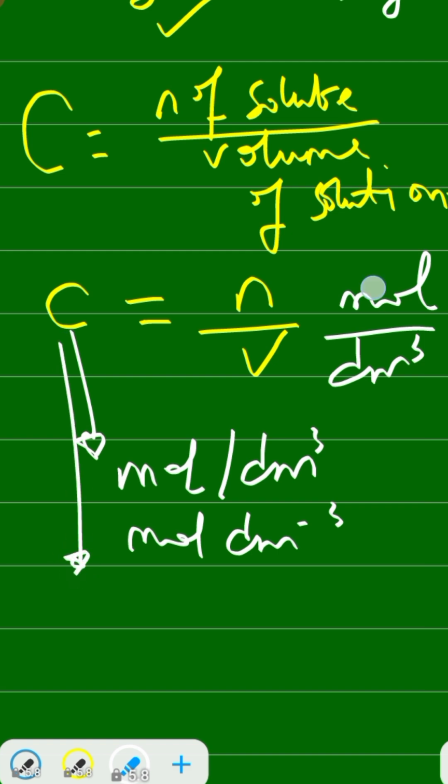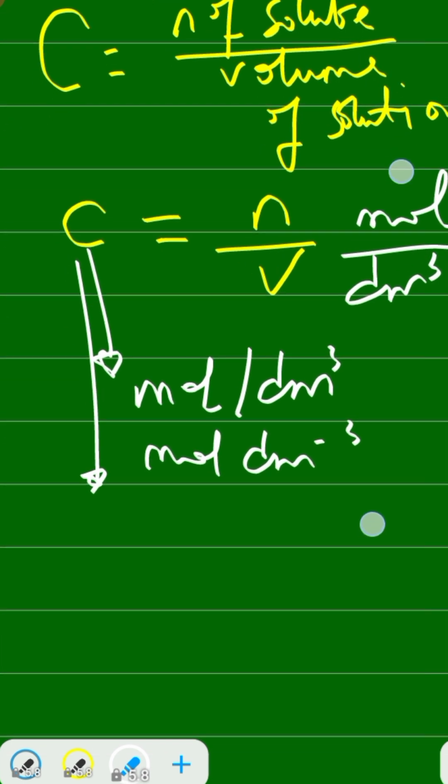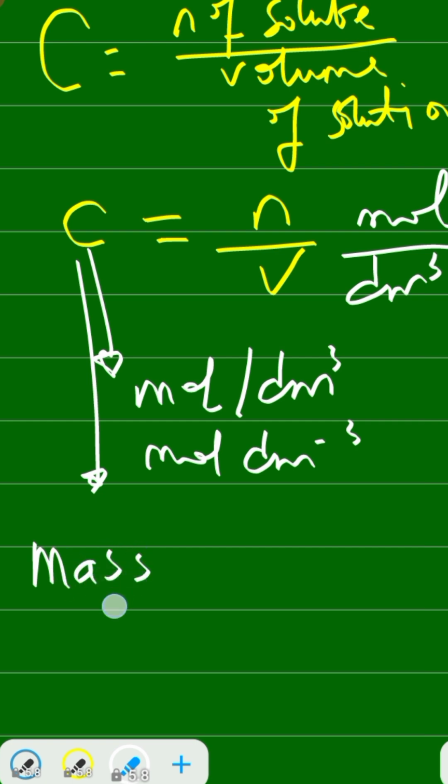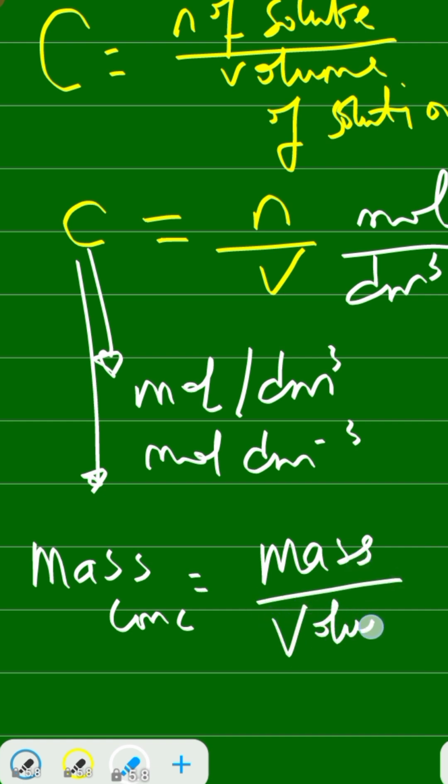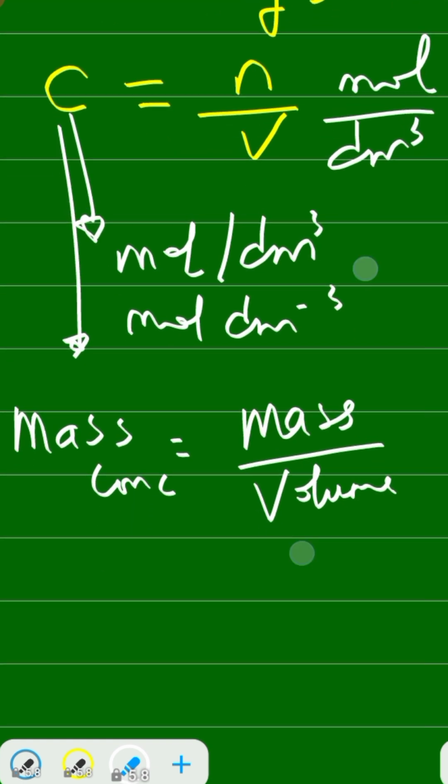Keep that in mind. We also have another way of writing the concentration of a solution. It is called the mass concentration. So we're talking about the mass of the solute divided by the volume of the solution. Here we have a different unit because the mass is measured in grams, while the volume is measured in dm cube.